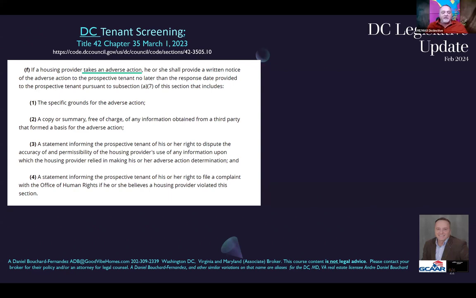In this case, if there's a DC landlord, and I use Listing to Leasing, one of the things I like about it is that it requires the permission of the applicant to give that report not only to me but to the landlord, so that they are directly authorizing that. But I don't think you can take out the credit score.